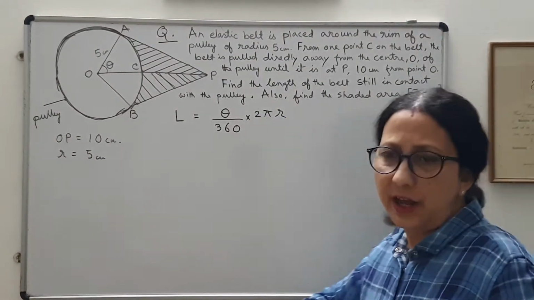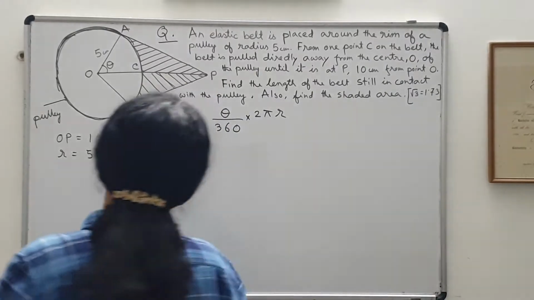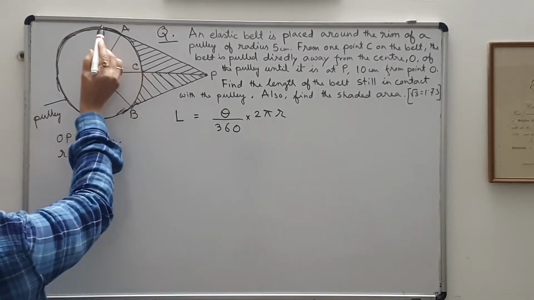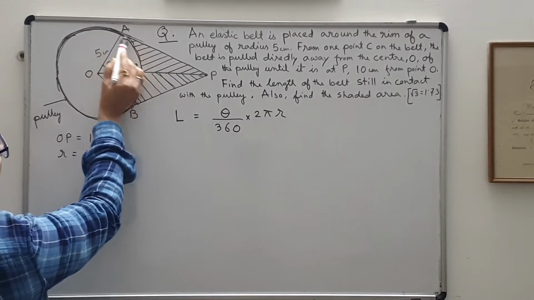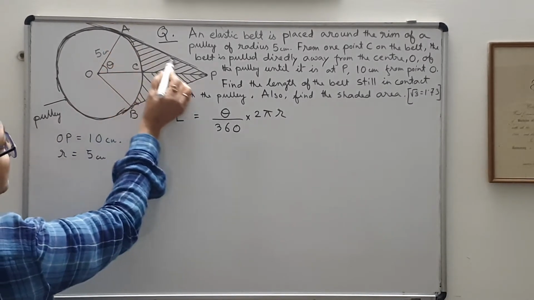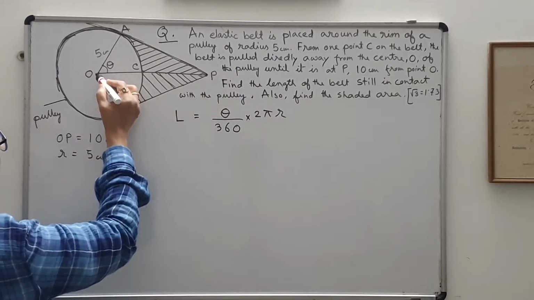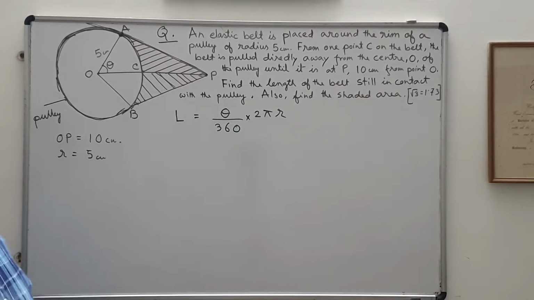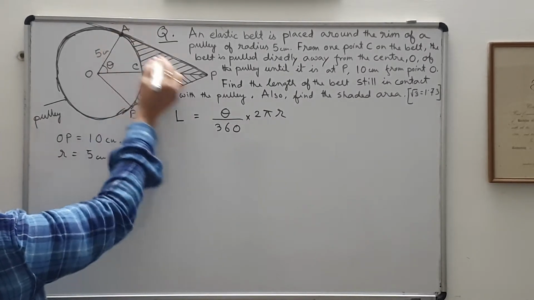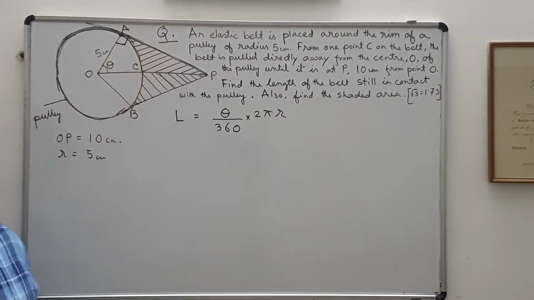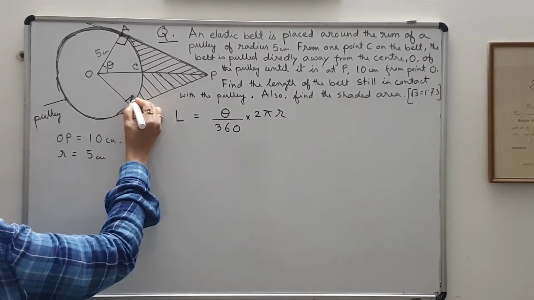First of all, I'll use the first theorem of the circle chapter, that is the tangent to a circle, because when the belt is pulled, it behaves like a tangent to a circle. So this part AP is tangent to this circle, and OA is the radius through the point of contact A. According to the first theorem, the tangent is perpendicular to the radius through the point of contact. This we can make use of. Similarly, this will also be 90 degrees.